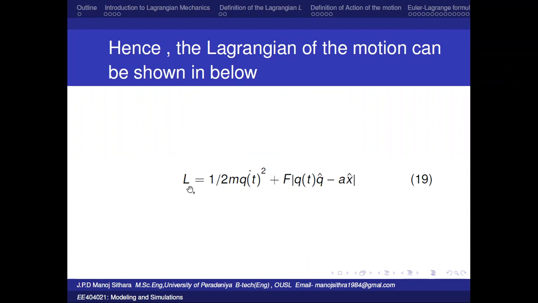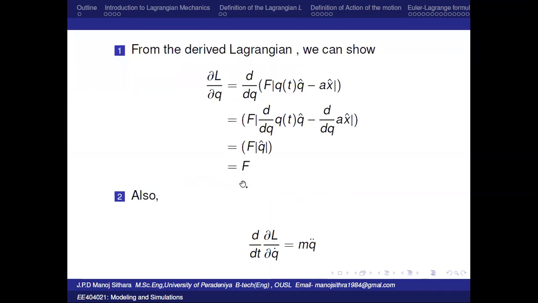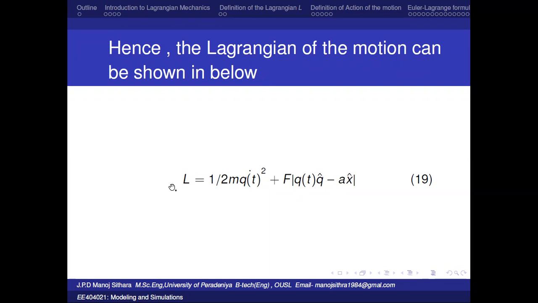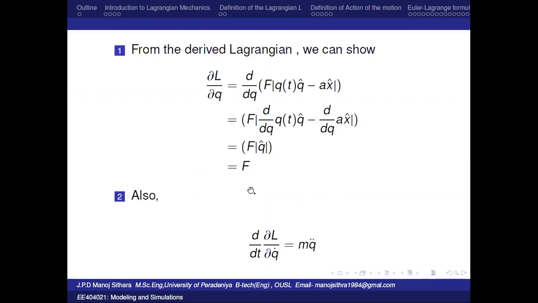Therefore, if we differentiate with respect to q dot, this is nothing but m q dot, because the 2 is cancelled out, right? Therefore, ∂L/∂q̇ is nothing but m q dot, right? And if m q dot is differentiated with respect to time, the dot notation becomes a double dot, right?